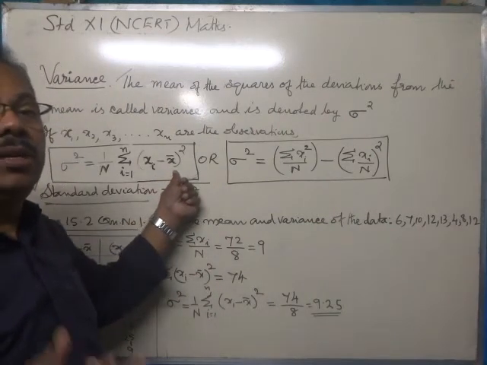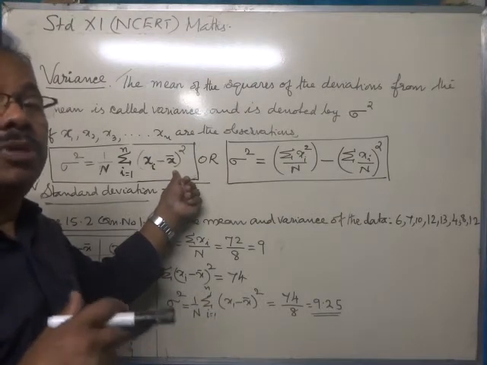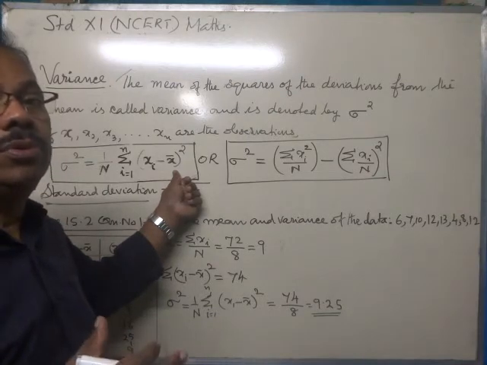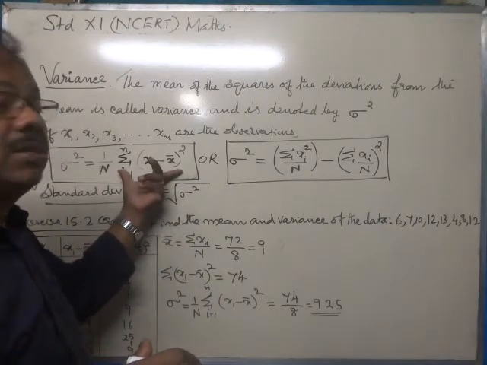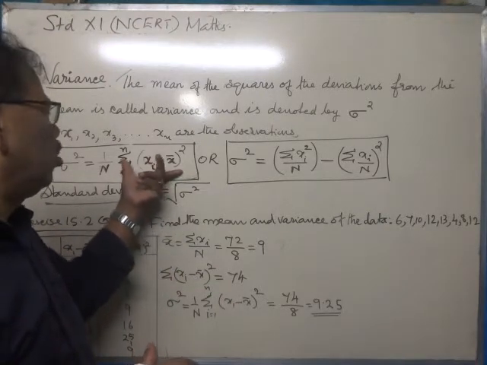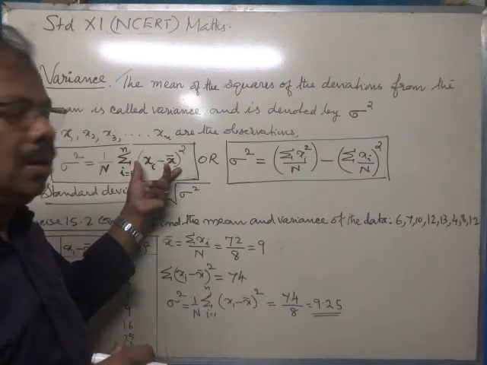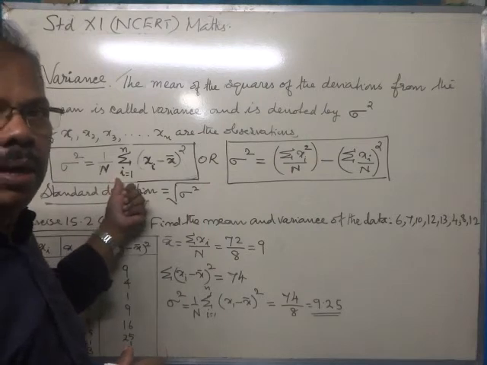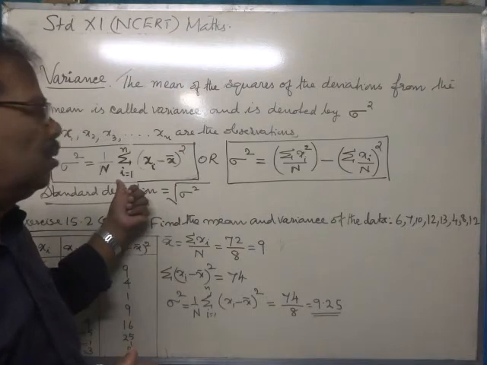Then the deviation of each observation from that mean is calculated, and we take the sum of those squared deviations. That is sigma i equal to 1 to n, xi minus x bar all square. To get the variance, we divide that sum by n, the total number of observations.